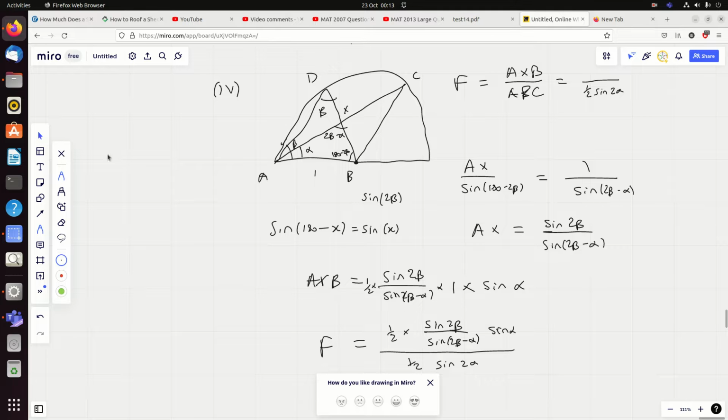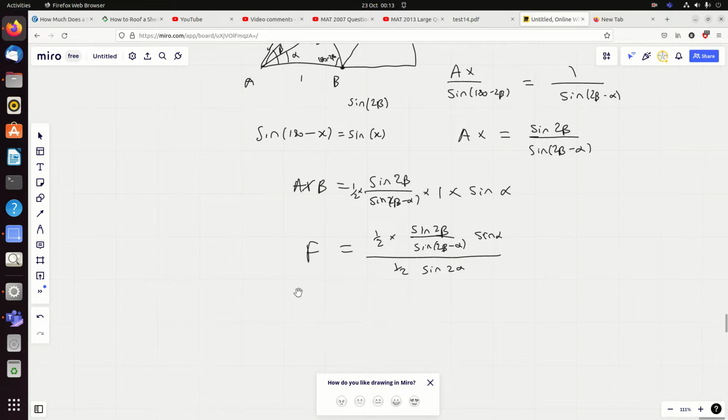And so what's going to cancel here? Not a lot. The halves. And we could write this, as we're dividing by sine 2 beta minus alpha and then dividing by sine 2 alpha, as sine 2 beta sine alpha over sine 2 alpha, which I hope is the final answer.